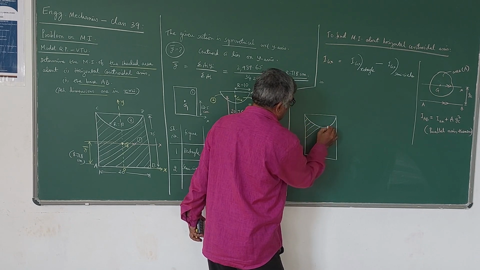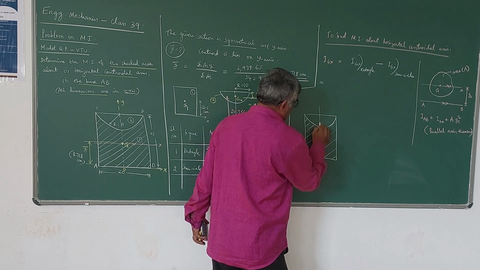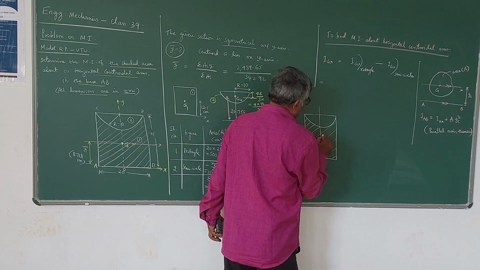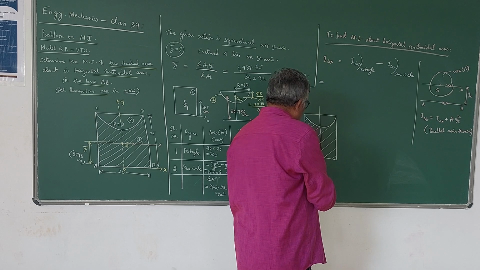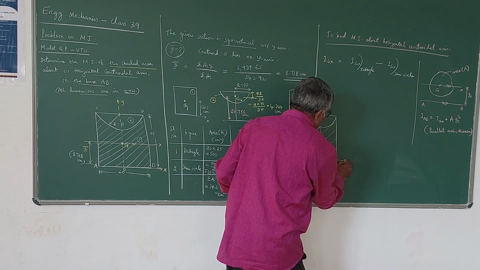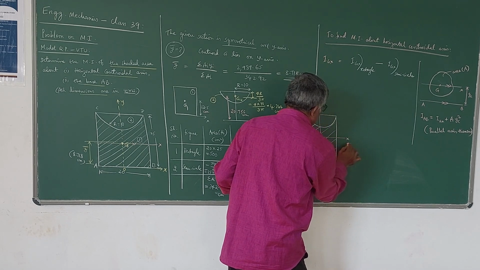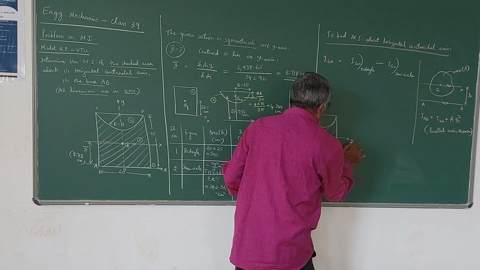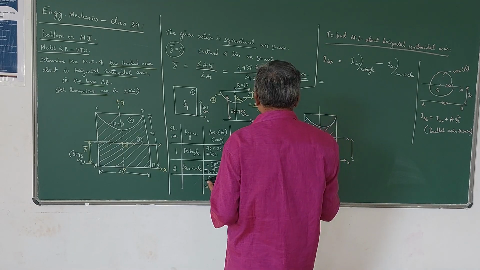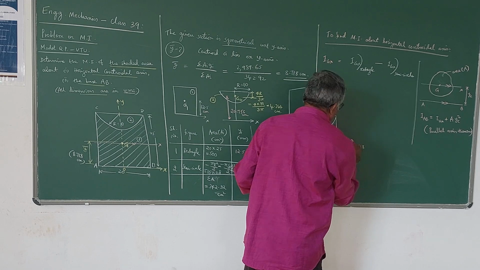Now I need the respective distances of G1 and G2 from G. G is here. From this x-axis, this distance is y bar, which we have found out to be 8.718 centimeters.